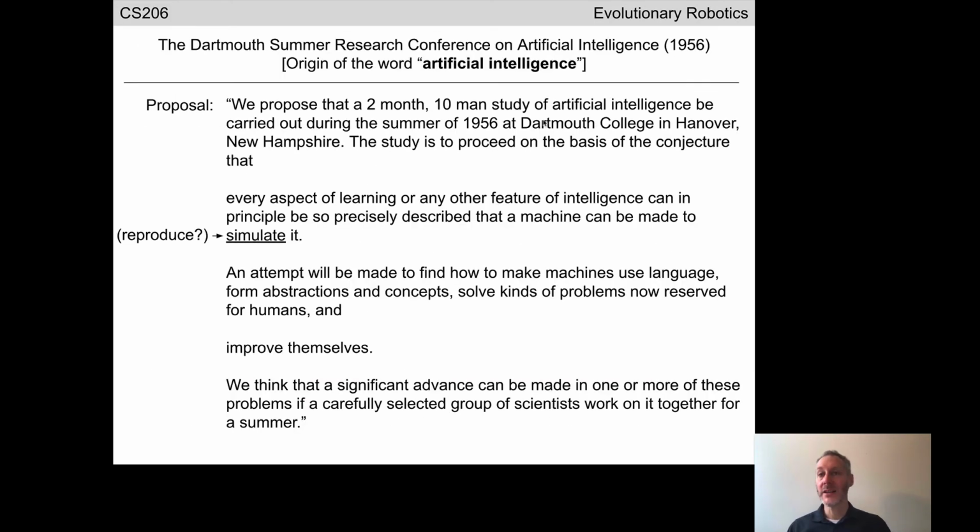Okay, so that's 1936. That was clearly the beginning of computers in general, but also it laid the groundwork for robotics many years later. So jumping 20 years forward again, now to 1956. Just down the road from Vermont here in New Hampshire at Dartmouth College, a series of professors wrote a proposal to the government.